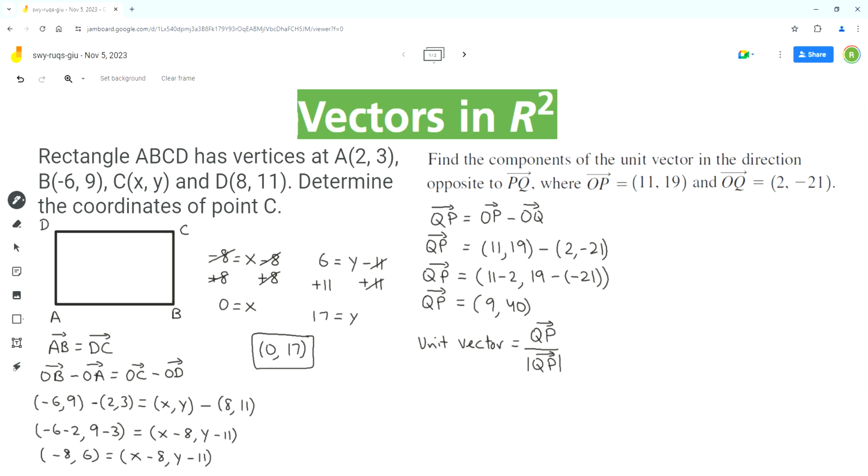So now we can find the magnitude of vector QP. For that we should square the components of vector QP, add them and put the sum under the square root.